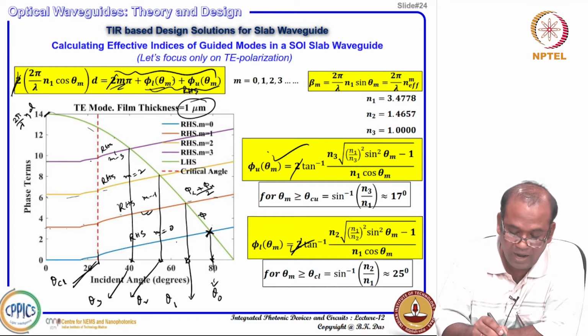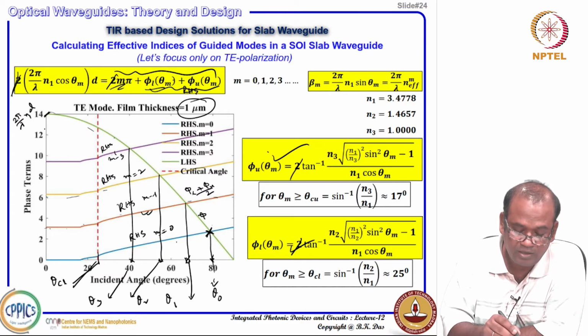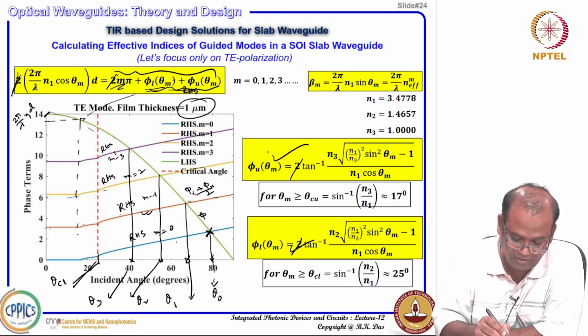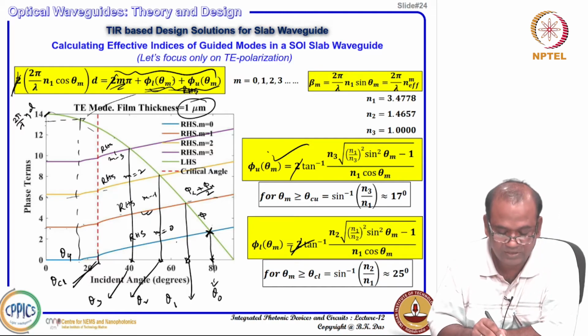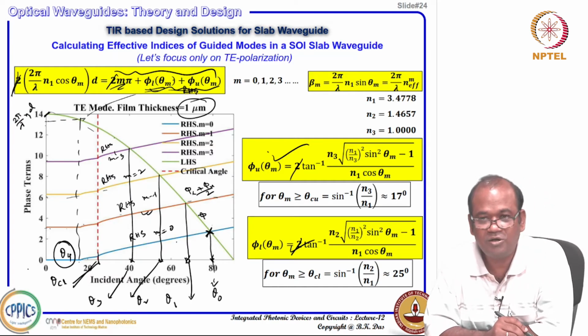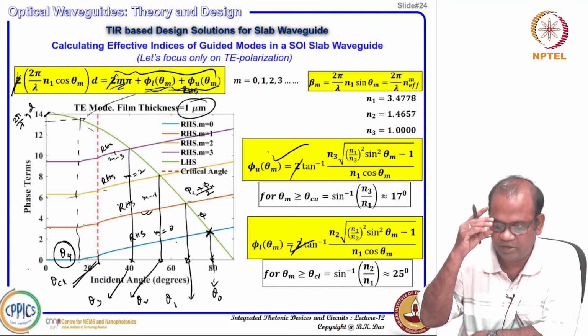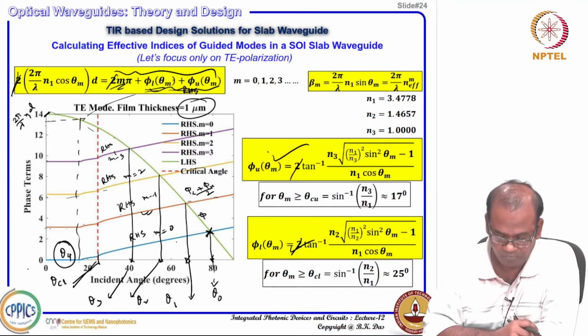If you add one more for m equal to 4, you get a solution somewhere here, another 3 if you add here, so it is 9 point something. Somewhere here you will be getting that solution, which is theta 4. You see this theta 4 is less than theta CL. So, this solution is not acceptable, that will not give you a guided mode, fine.